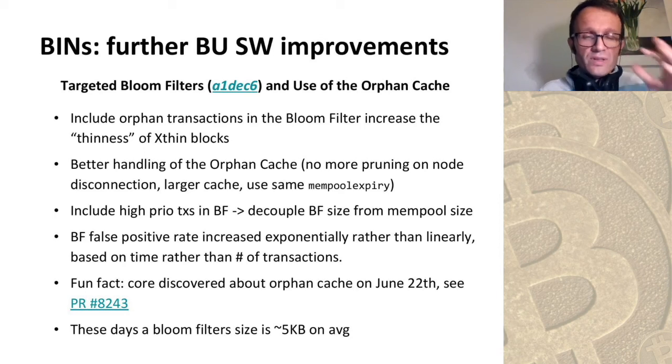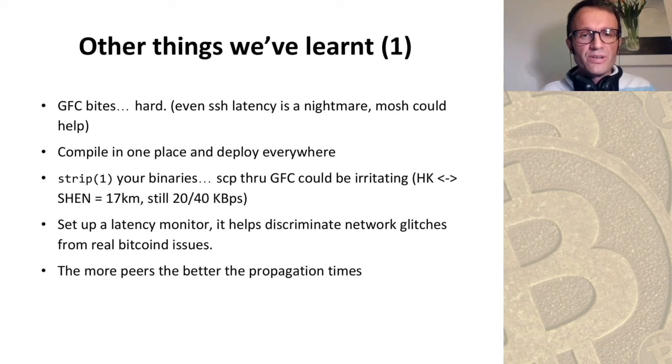Other things that we have learned, which are orthogonal to the technology itself and more related to the environment where we performed the test: the Firewall of China bites really hard. Even SSH latency is a nightmare.